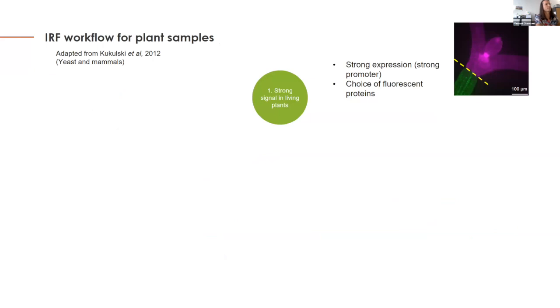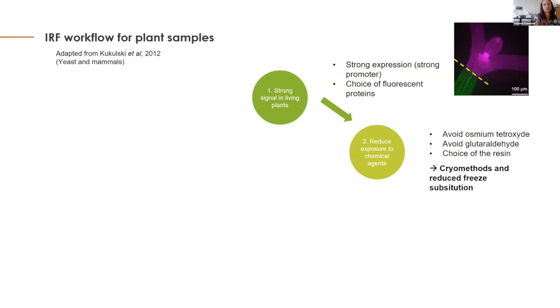So here are the big guidelines we have for plant tissues. First is to work with plants that have a strong signal, meaning a strong expression of your fluorescent protein. And of course, the choice of those fluorescent proteins also appears to be important. Then we reduced the exposure to chemical agents compared to the standard transmission electron microscopy protocol, where you have contrasting agents such as osmium tetroxide or glutaraldehyde.